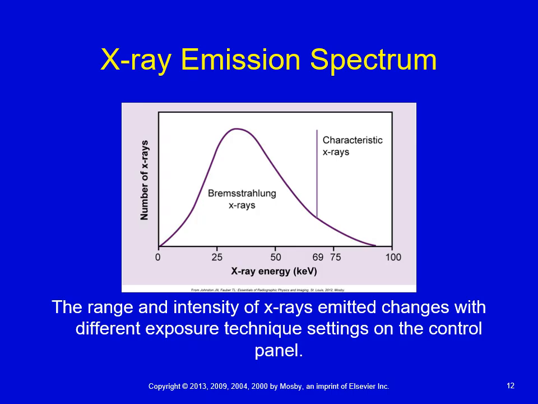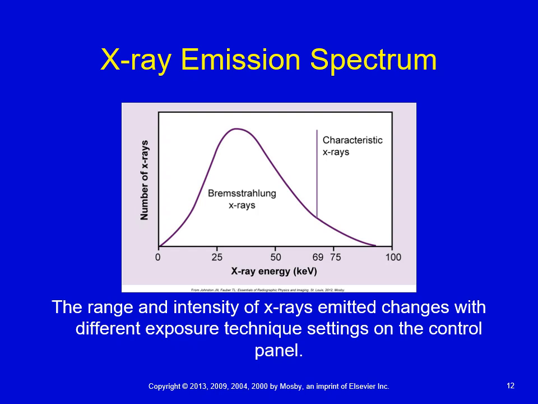Characteristic X-rays are not produced until the kVp meets or exceeds 70 keV, or 69.5 keV is the exact number.